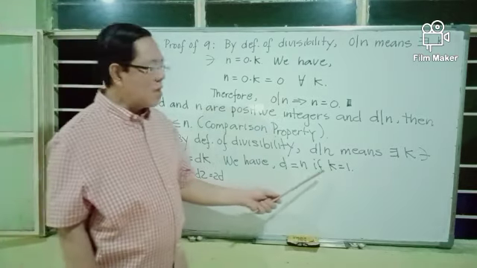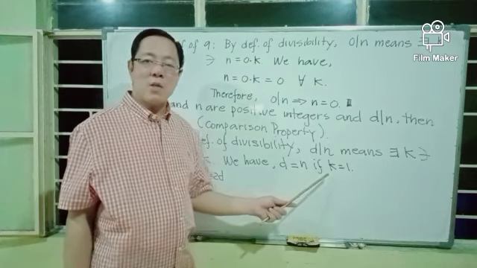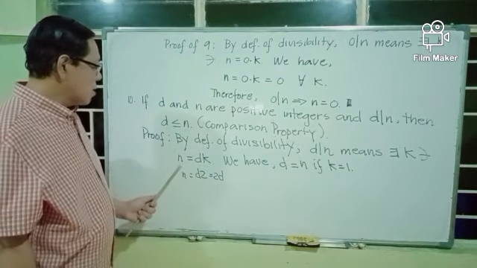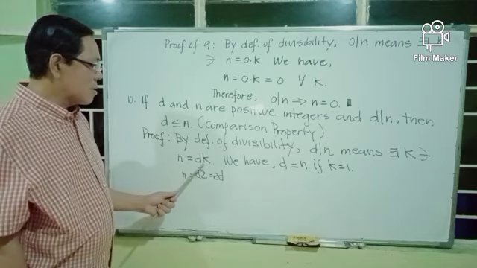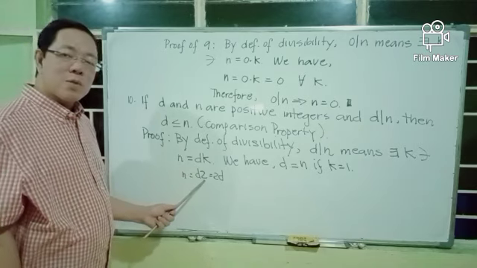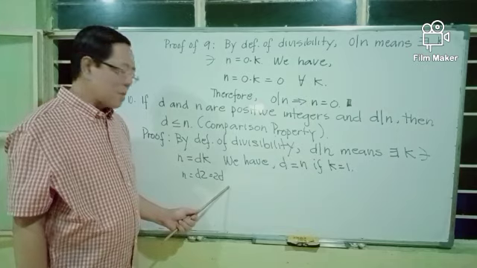If we take an integer K that is greater than 1, say 2, you get N equals D times 2, but D times 2 is 2 times D.